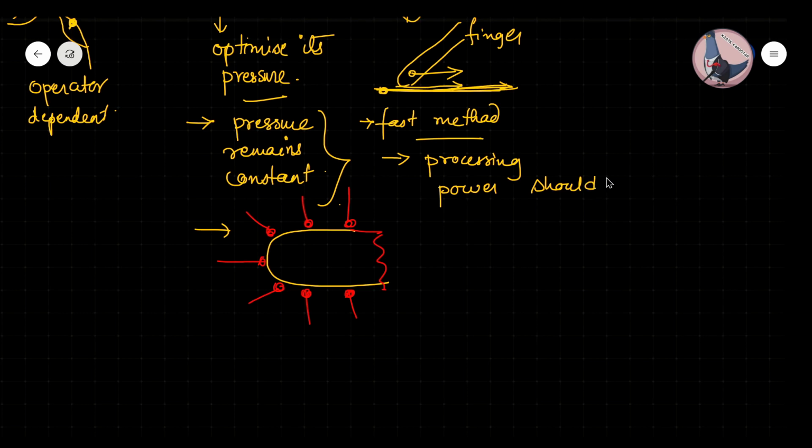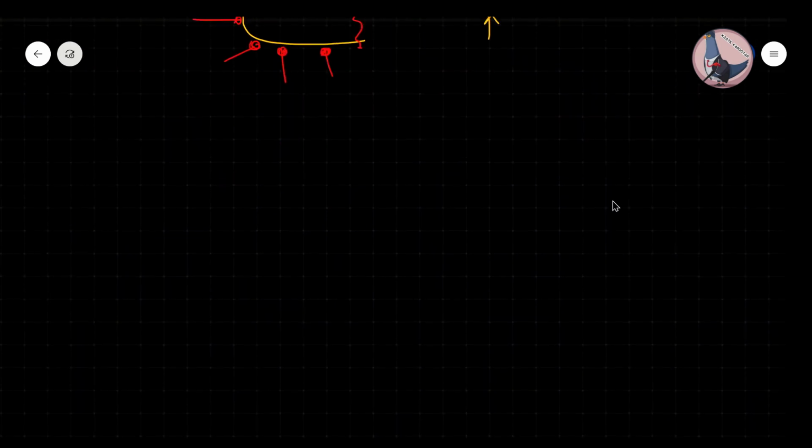Second thing, as the probe is in continuous contact, the wear of the probe is also very large. Just imagine it is continuously being dragged along the surface, so the wear will be very high.